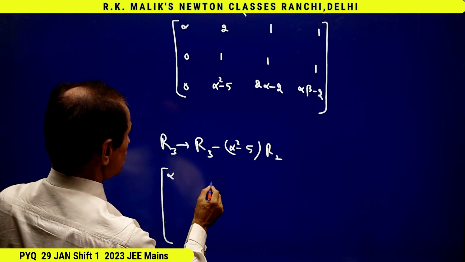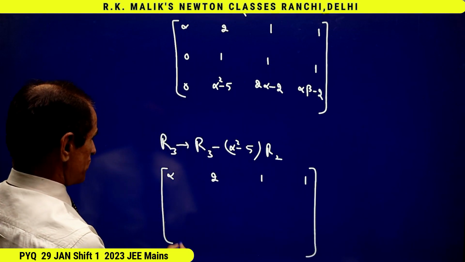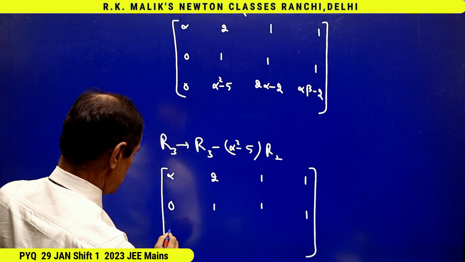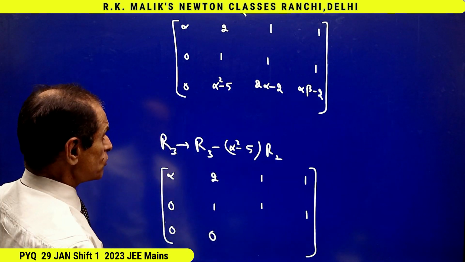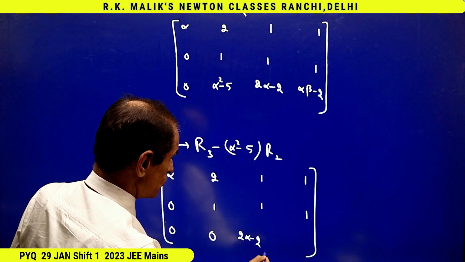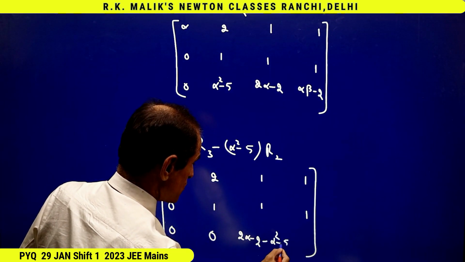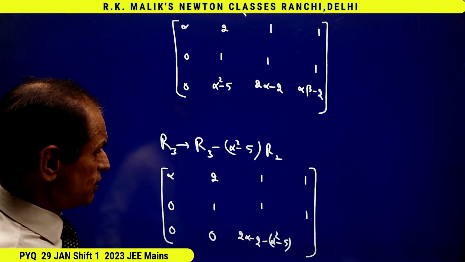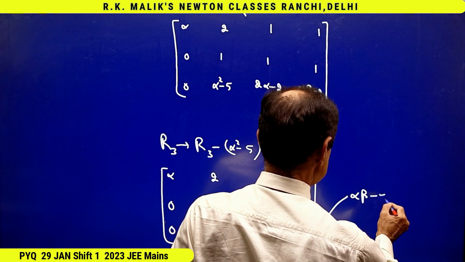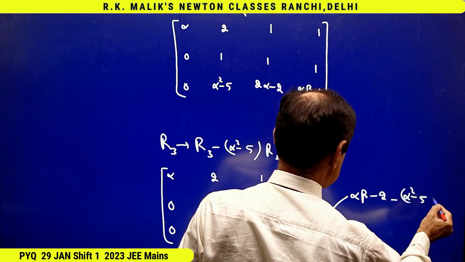I will get [alpha, 2, 1, 1], [0, 1, 1, 1], [0, 0, and here I will be getting 2 alpha minus 2 minus (alpha square minus 5), and here I will be getting alpha beta minus 2 minus (alpha square minus 5)].